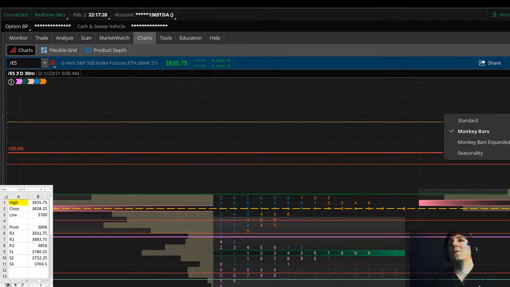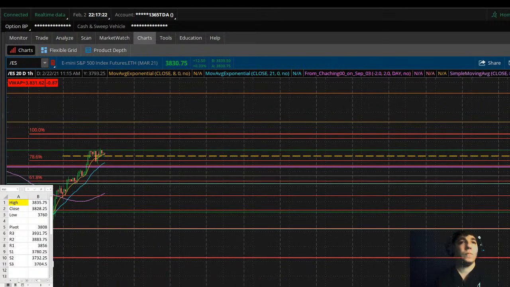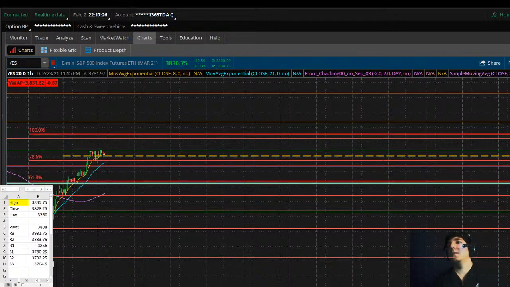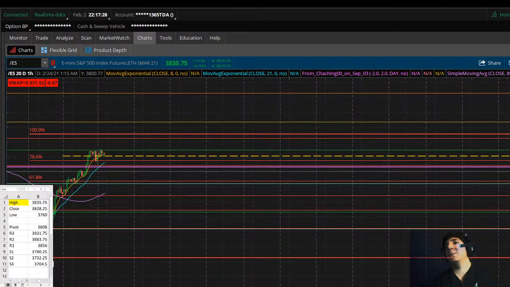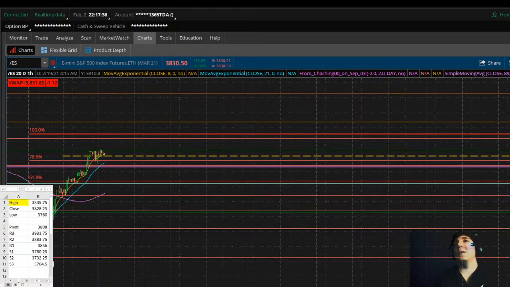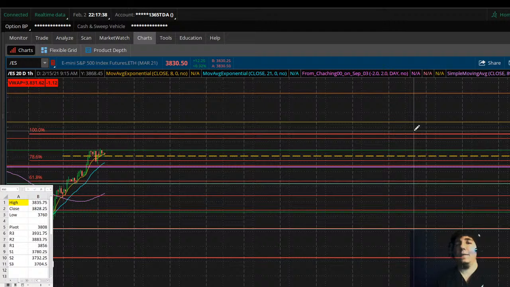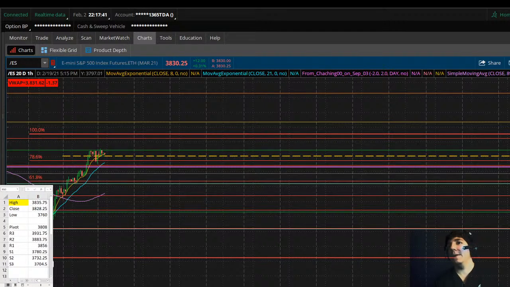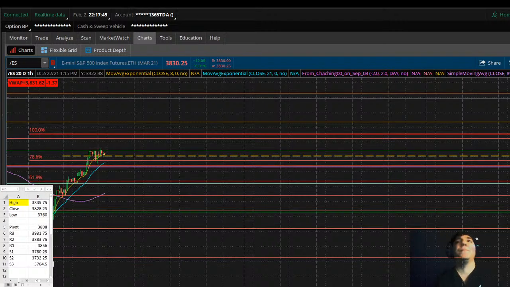All right, so we're going to go back to our normal chart here. All right, so we got the S1, S2, S3, and the pivot point for tomorrow. And then the R1, R2, R3 for tomorrow. And then you got the value area right here. So you got value area low right here and value area high.